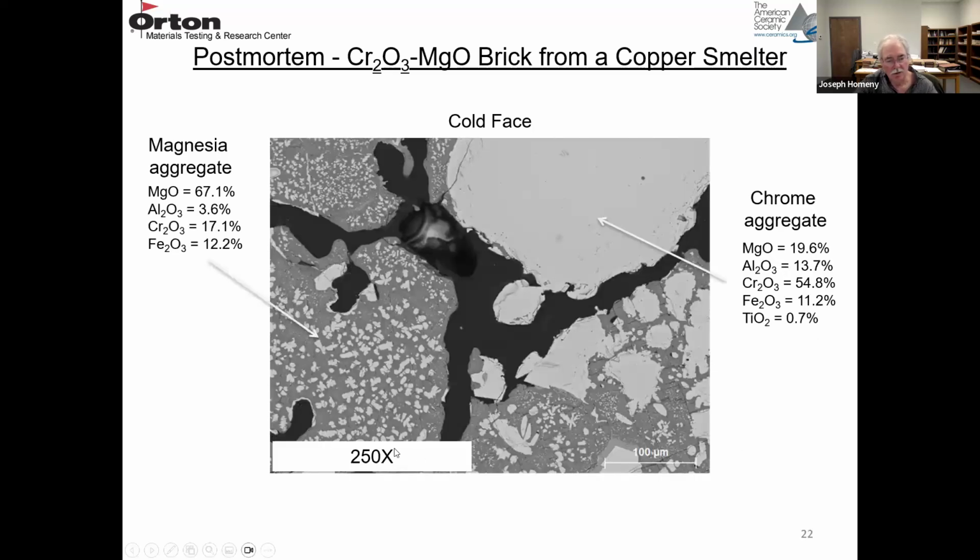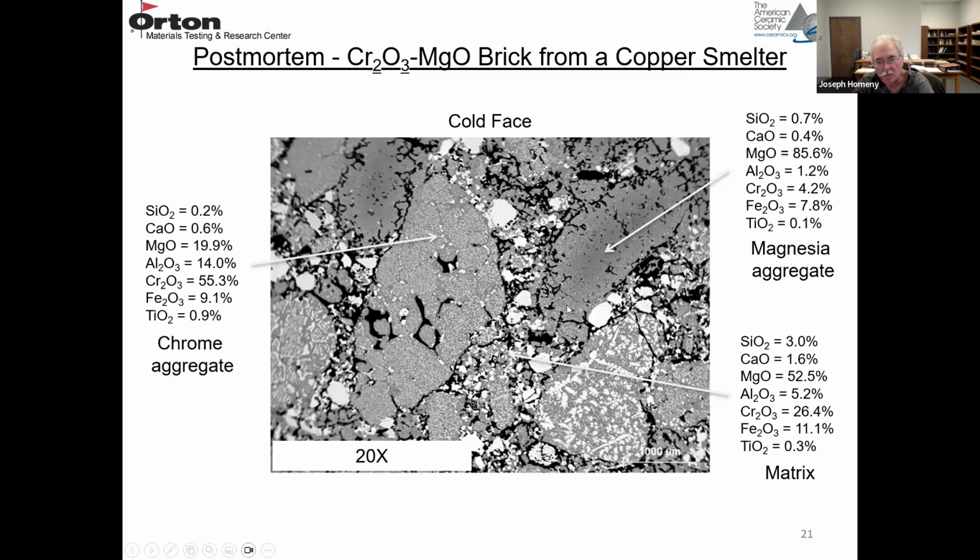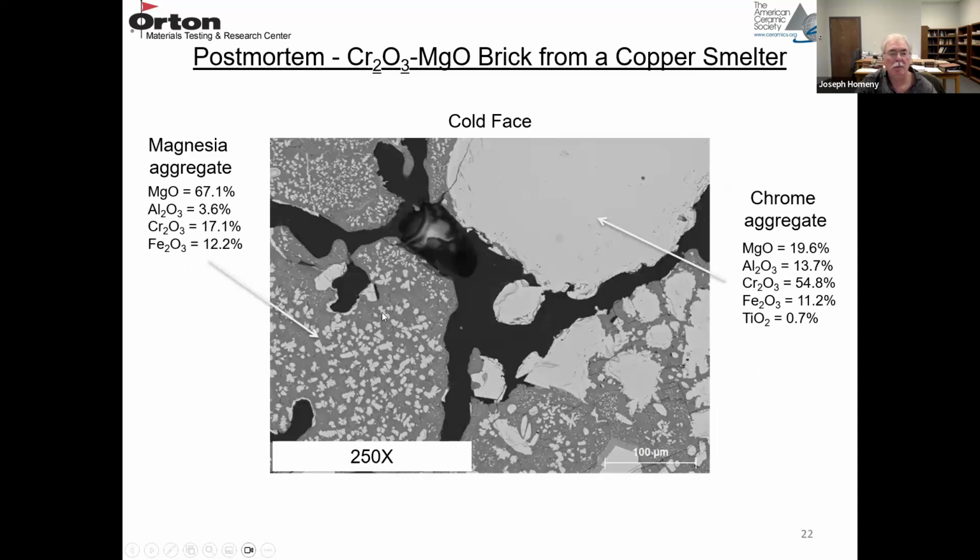So if you go to 250x, and I think this is right in this location right here, going to higher magnification. You can see your magnesia aggregate, and then the precipitates, these lighter precipitates, are your magnesio-wustite precipitates. So your MgO, Fe2O3, MgO, FeO precipitates in MgO.